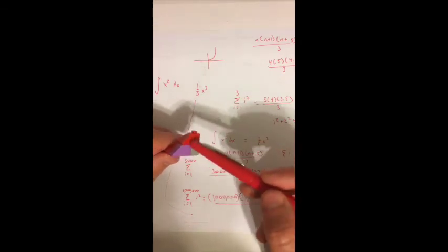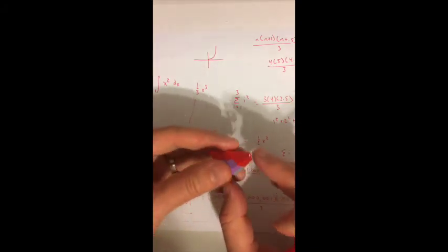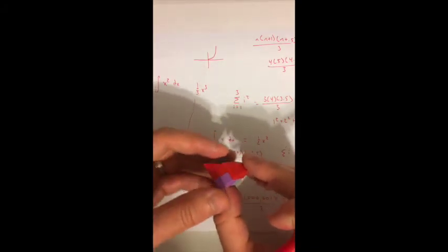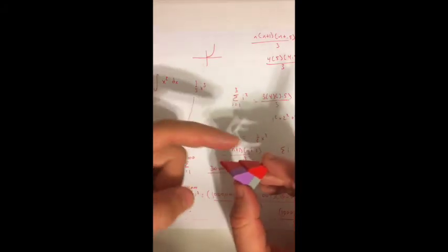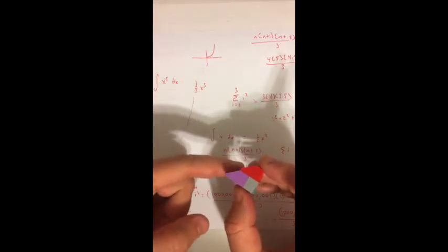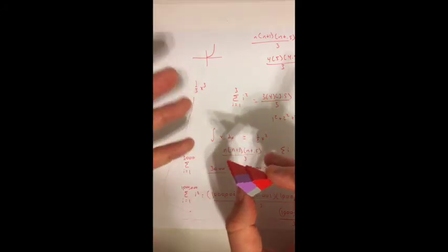This is 9, assuming that the bottom here is 3, and that the height here would be 3 as well. But this is really hard to measure, right? I mean, what's the tactic here?